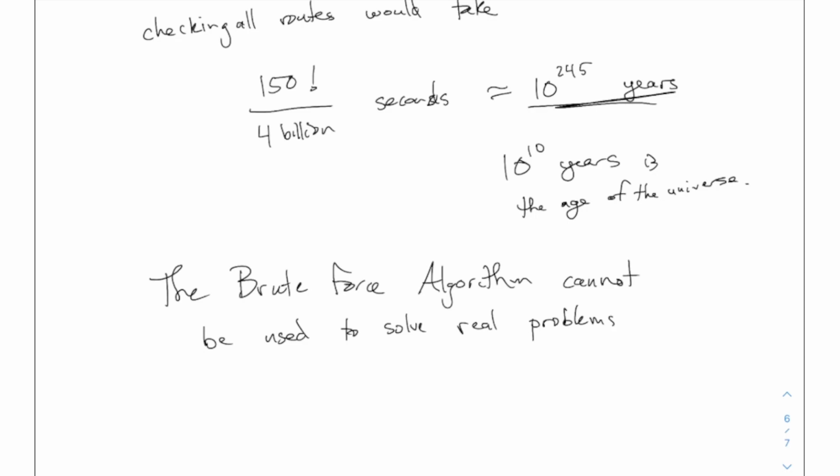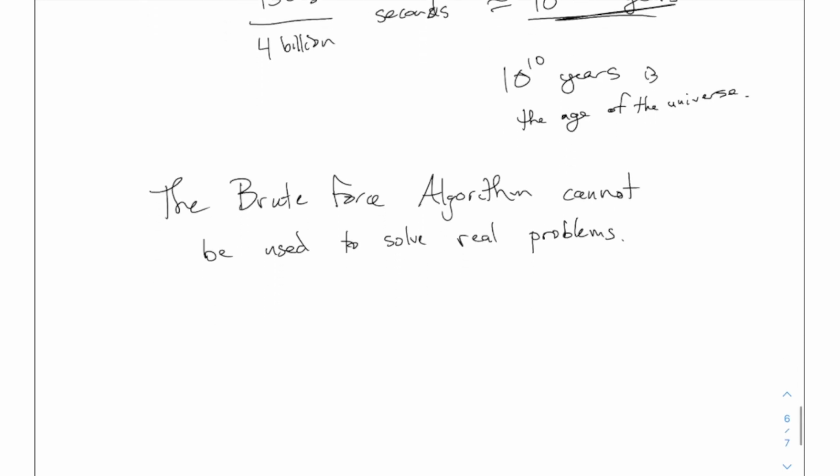You can't even do it realistically with more than 10 vertices. That's about where a real computer will become useless. The brute force algorithm cannot be used to solve real problems.